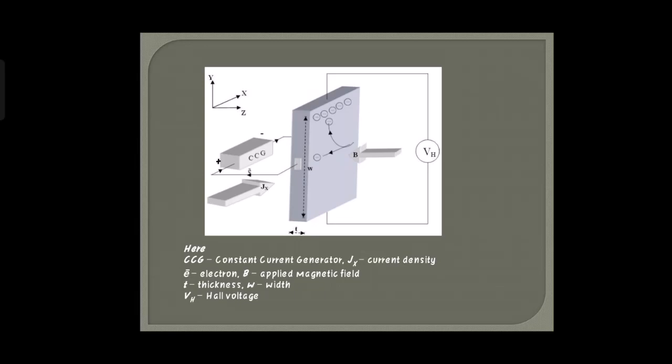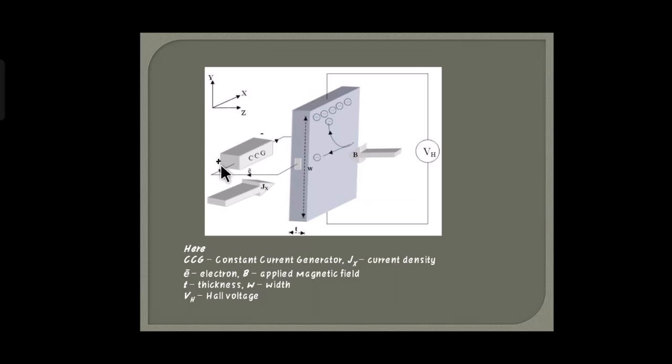Now let us understand this using a schematic diagram. Here we have a rectangular conductor and a constant current generator, which produces a current across the conductor in the x direction. Suppose this is the positive and this is the negative terminal.